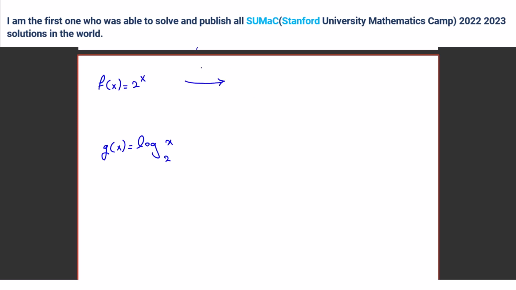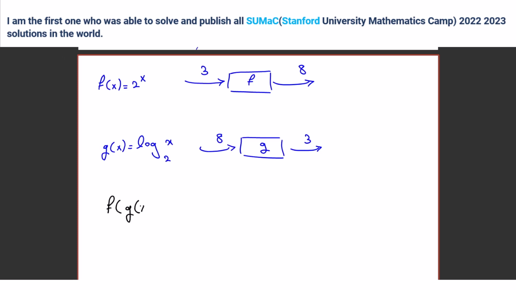For example, when you give 3 as an input for f of x, then you get what as an output? You can get 8. What about g? When you give 8, the output is what? 3. So, and also we can say f of g of x is x.